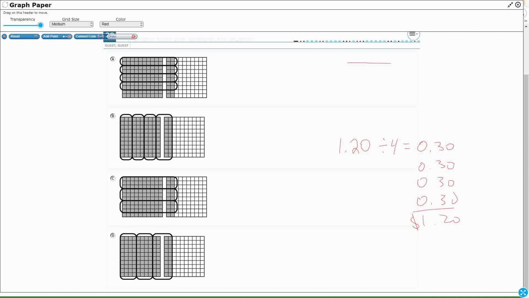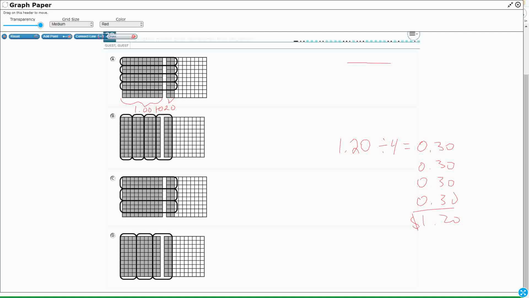So it looks like each of these have the same amount shaded, right? So if you look at this right here, this is going to be your $1. And then it looks like this is going to be your 20 cents. And it looks like that's the same for all of these.